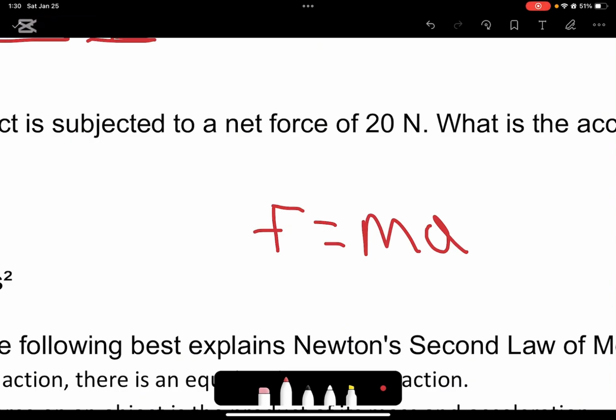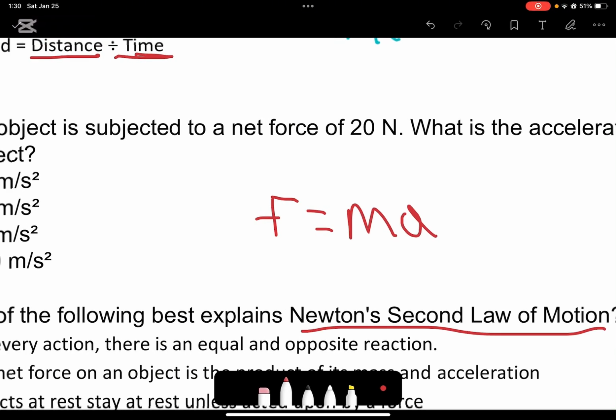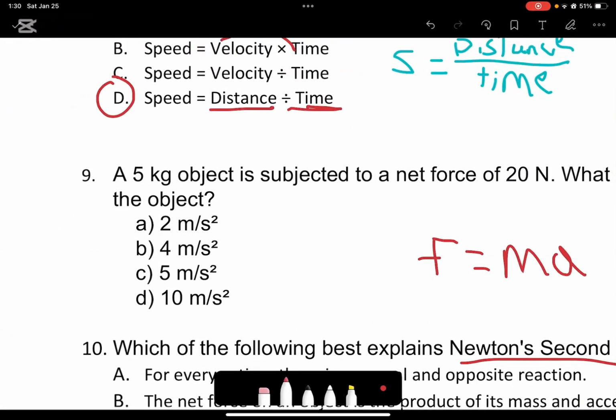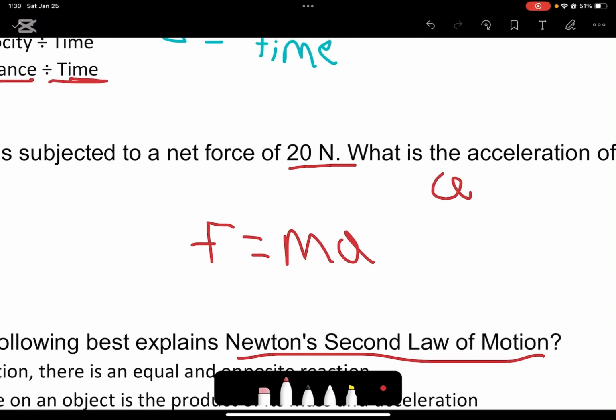That's Newton's second law, which is shown right here. I'm not going to go through that question now, but let's finish this one first. What is given? We have mass and we have force, and we're finding acceleration.